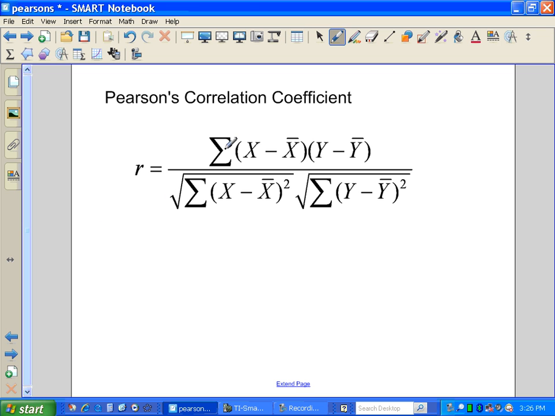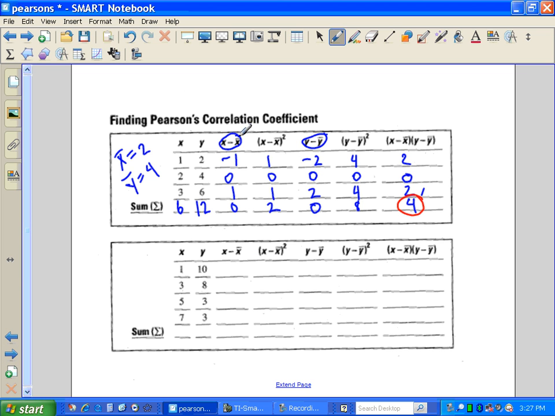If I plug this in, r is equal to 4 over the square root of the sum of the x column times the square root of the sum of the y column. Let's double check what those were. The x column squared was 2, and the y column squared was 8.